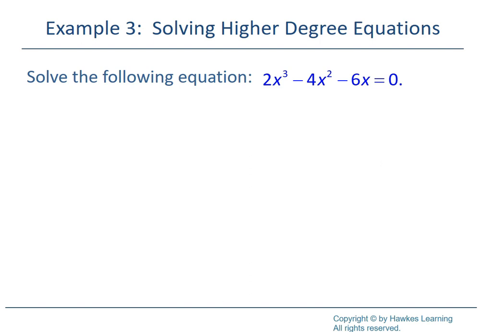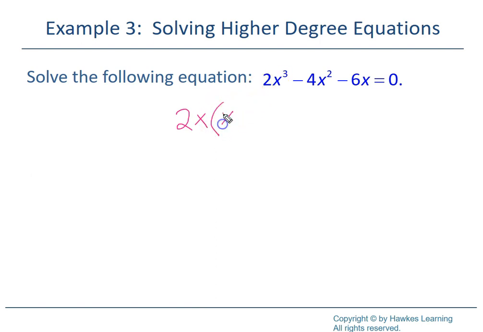Okay, now we get one to a little higher degree. We're running over our 20 minutes, but there's not too much more, so we'll just keep going to finish this up. So in solving this, we want to see what we can factor out. This is to the 3rd degree, so we can factor out a 2x out of each term.